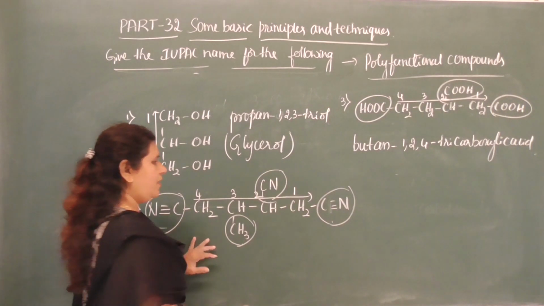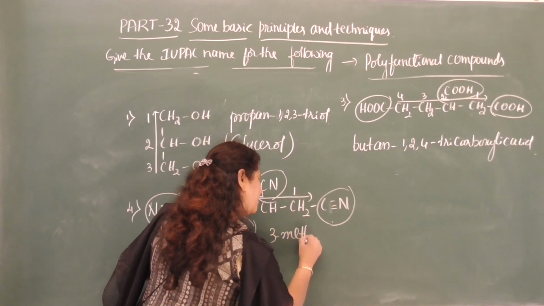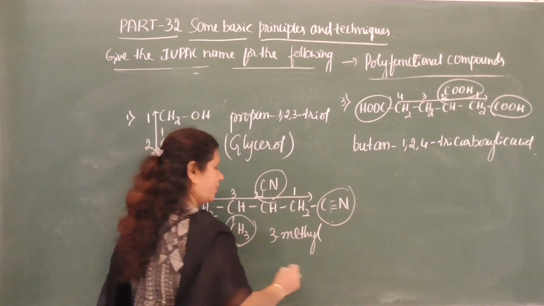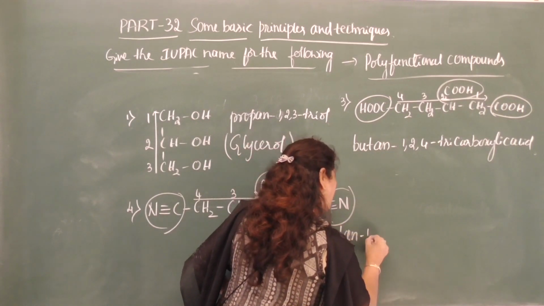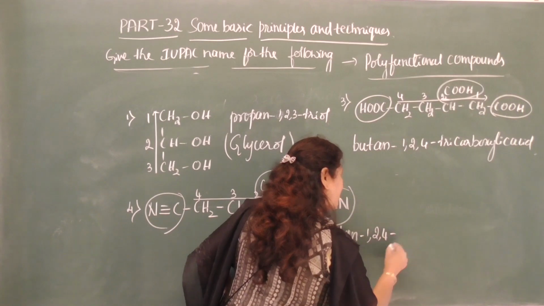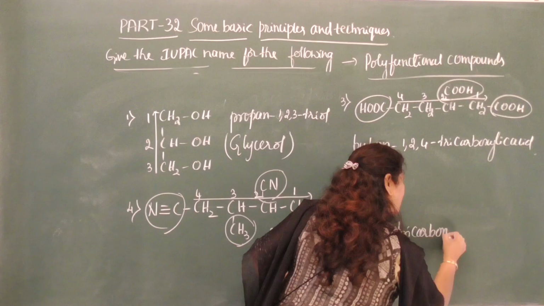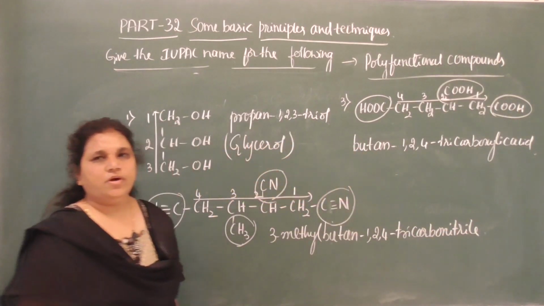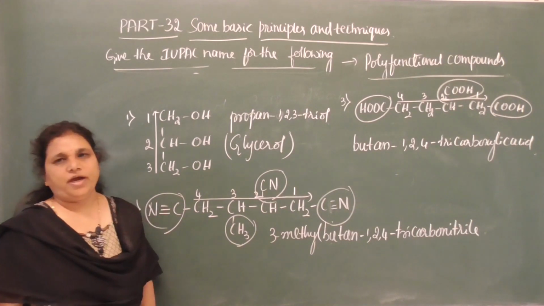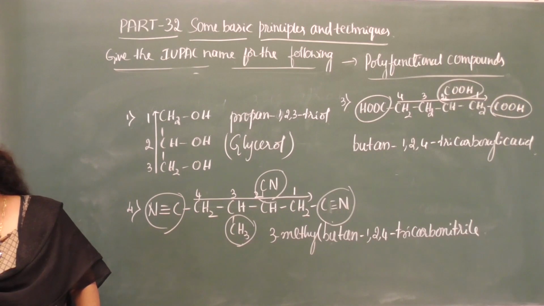Now you give the name: 3-methyl, what is the root word? Butane, 1, 2, 4, tricarbonitrile is the IUPAC name. Carbonitrile is the name of the compound.